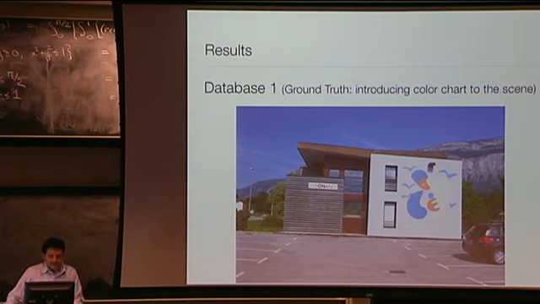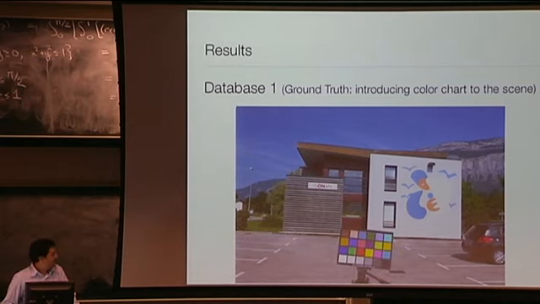For testing our results, we have a major problem because camera manufacturers rarely provide technical information about the radiometric function. So for the first database, we decided to include in some shots a color chart to calibrate our cameras.